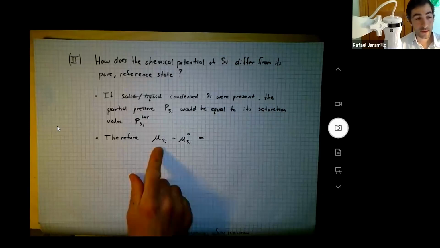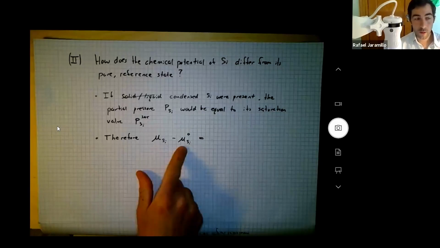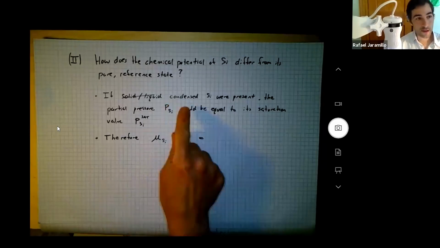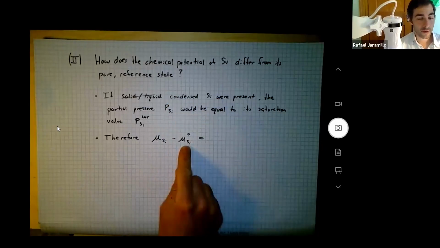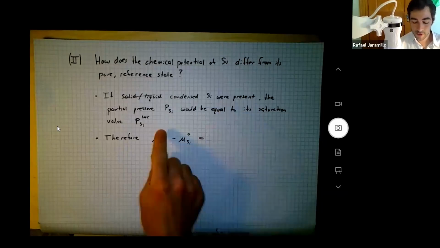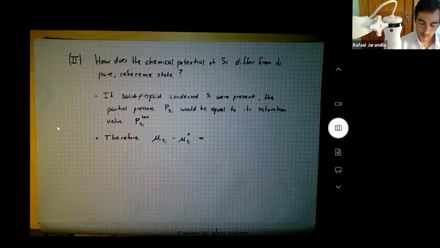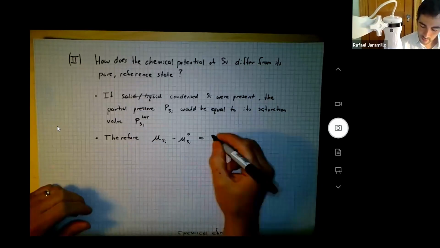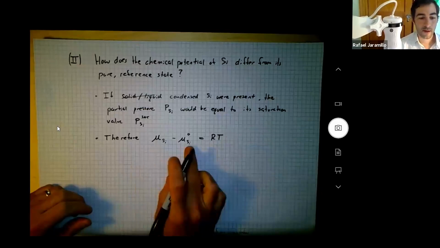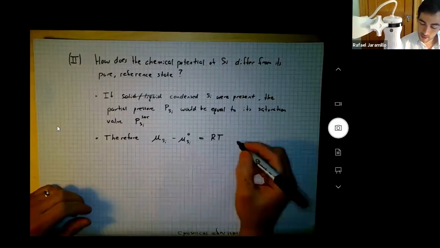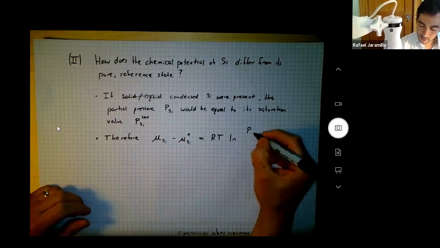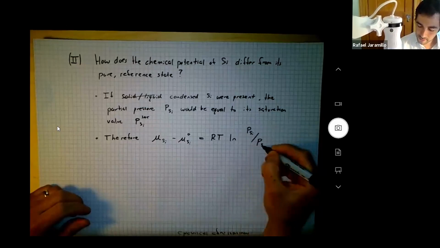The chemical potential of silicon in this system relative to what it would be if condensed silicon were present. If condensed silicon were present, the chemical potential would be equal to its reference state chemical potential. Also, if condensed silicon were present, the pressure would be equal to the saturation pressure. Okay, I'll just give it. Therefore, the chemical potential difference of silicon relative to the reference state is RT log P silicon over P silicon sat.